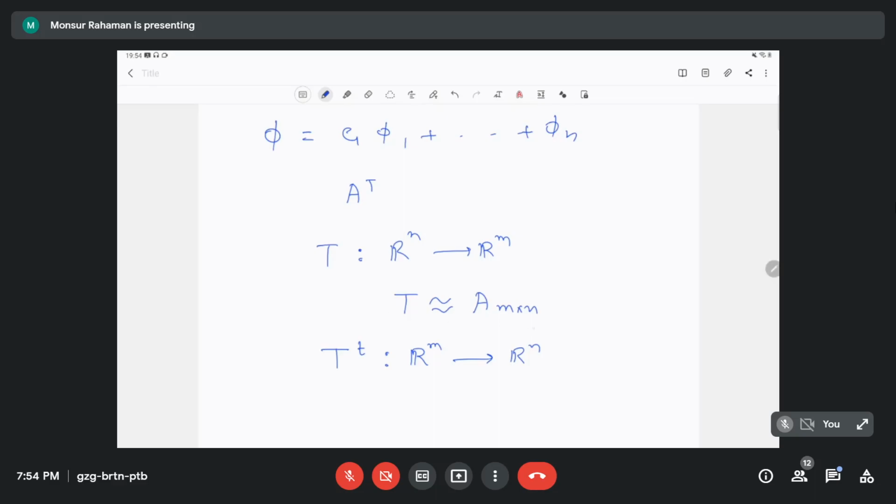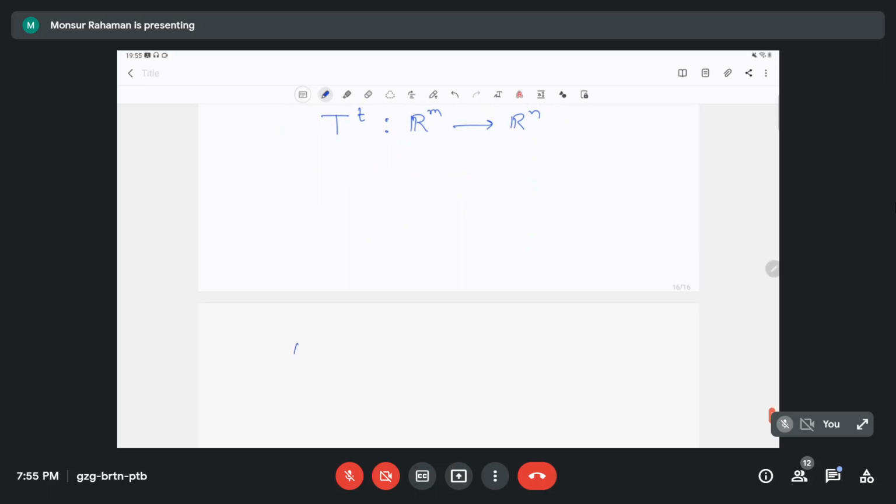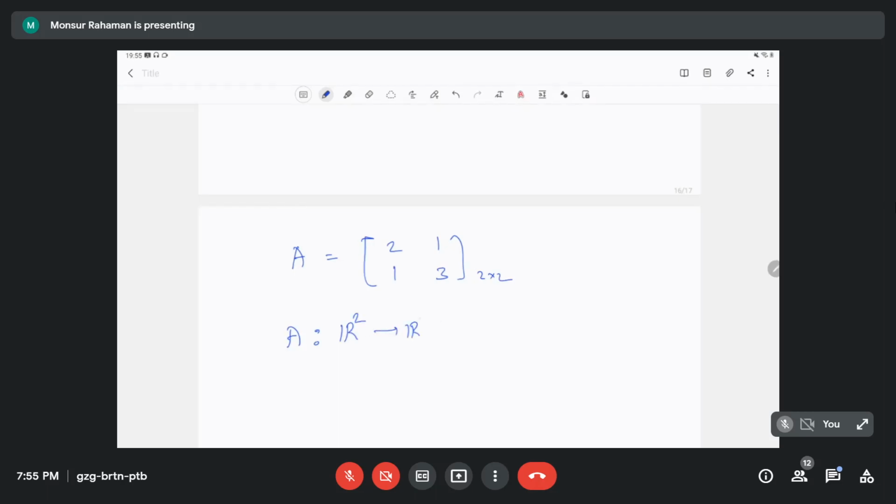तो इसको घुमा के देख सकते हो कि because this is a matrix, just like any linear transformation is equivalent to a matrix, you can think any matrix as a linear transformation. If I give you this matrix A equals 2 1, 1 3, this is a matrix, so you can think of A as a linear transformation, and because this is a 2 by 2 matrix, you can think R2 to R2.